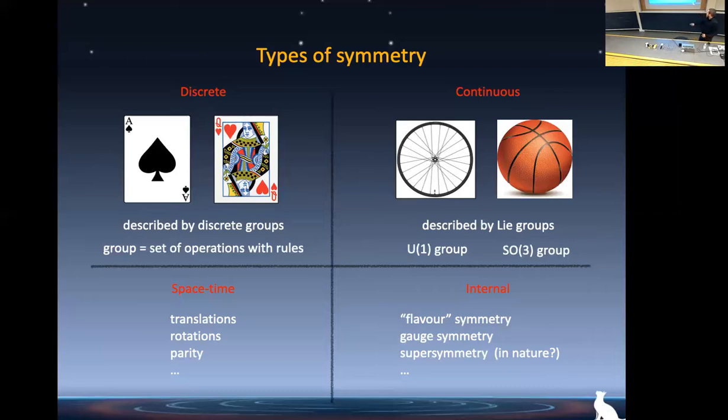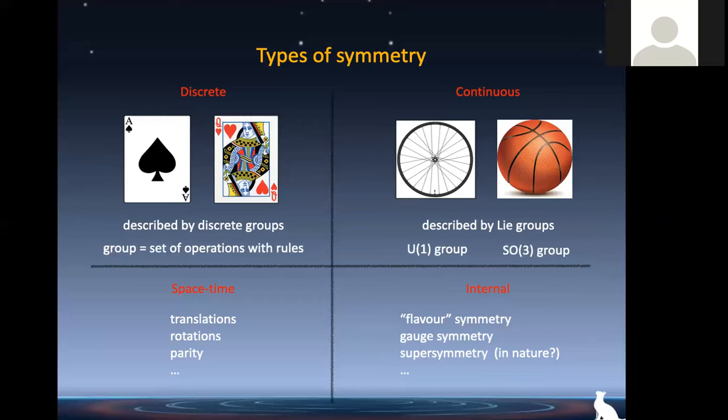And then we have another set of symmetries that are less obvious, somewhat less close to our everyday experience, but nevertheless, they enter physics and they give effects. I will show you. They take different names. We have different symmetries, also depending on the model. Flavor symmetry, gauge symmetry, maybe supersymmetry realized in nature.